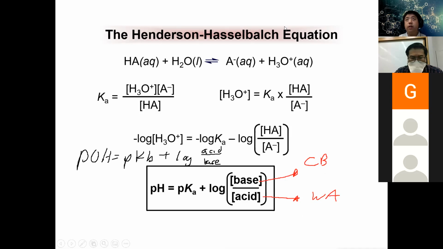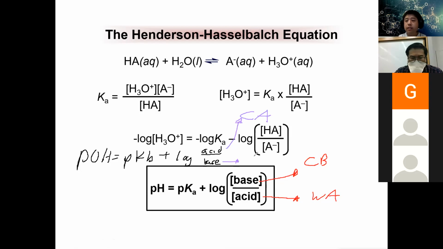Now with this written here, what can you tell me about this acid? And what can you tell me about this base? What kind of acid is it? What kind of base is it? This is the conjugate acid, right?